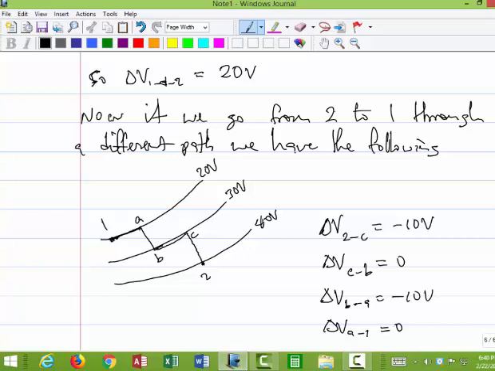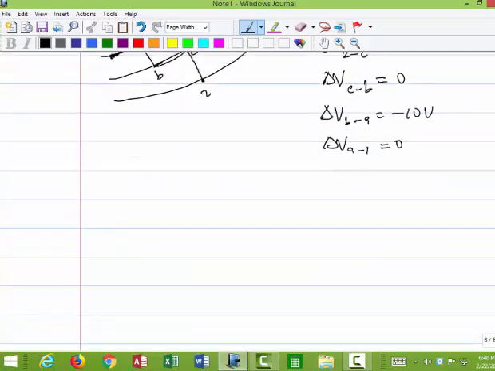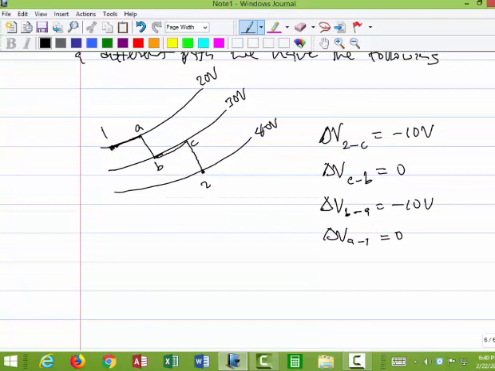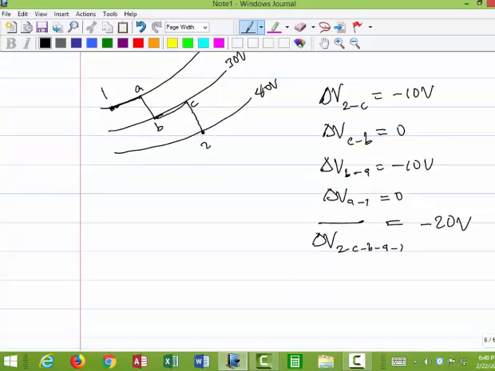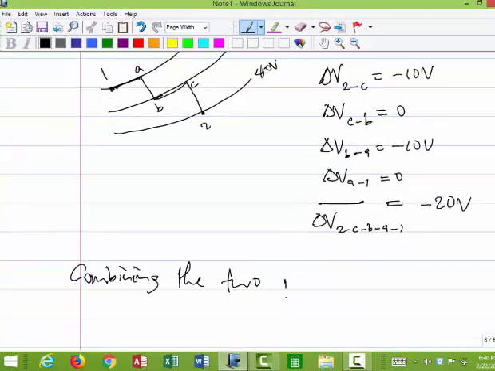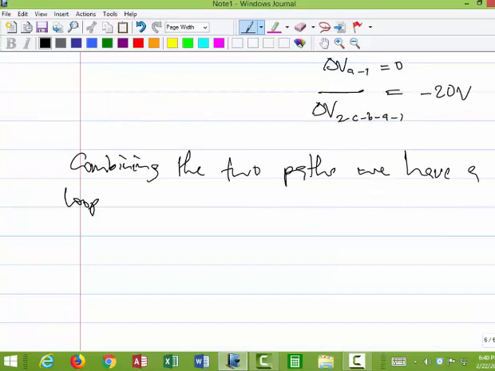So the change in potential going from 2 to C to B to A and to 1 is equal to minus 20 volts. What this means is that if we combine the two parts, we have a loop below.